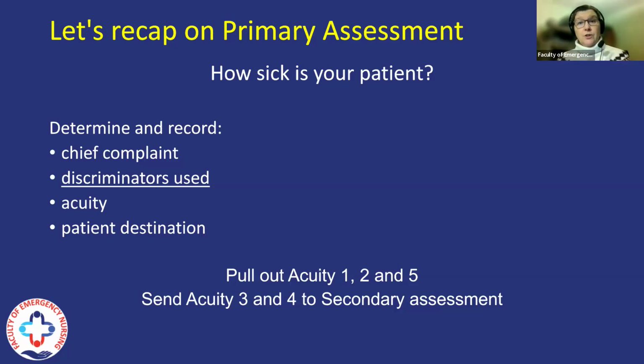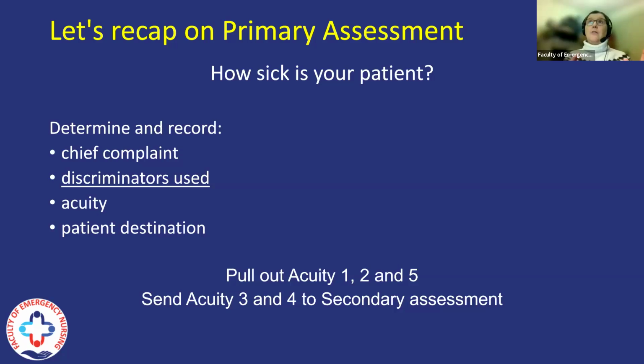What discriminators you've used. And that's easy because you look at the tool, and we showed you that in detail on the primary assessment lecture. We went through and looked at the red flags and what would make a patient knock up the acuities. Your decision on the acuity level, and then the patient destination.